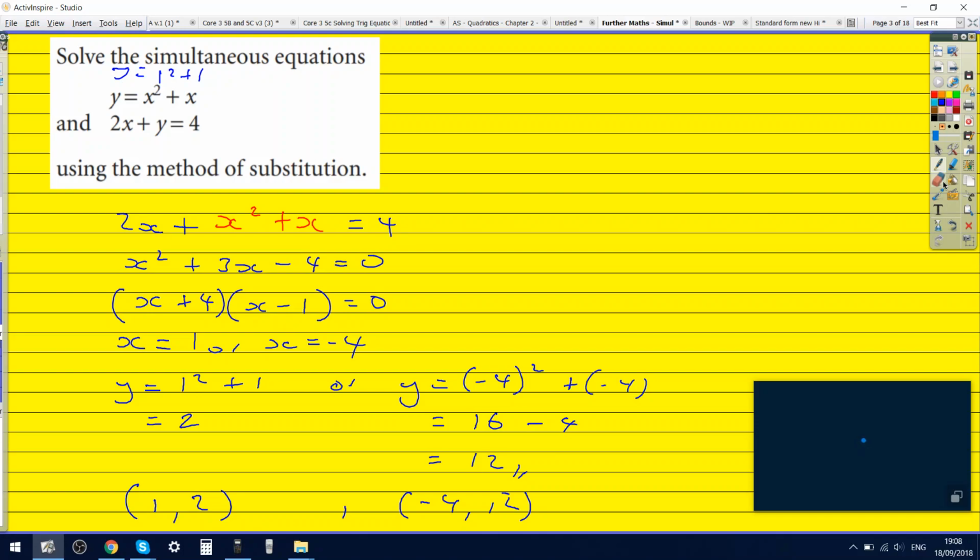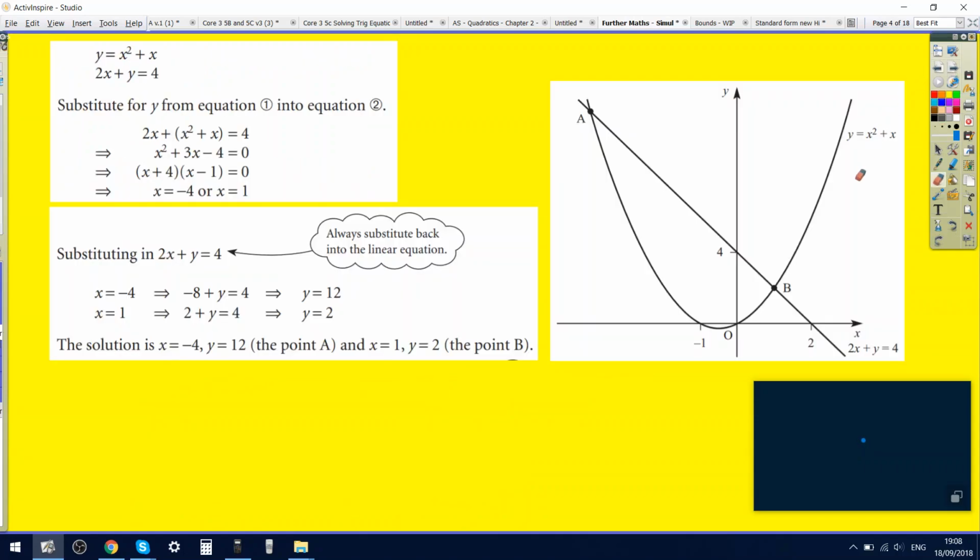Okay, and I just want to see if they have a graph. Yeah, the graph on the next page. And which coordinate is which? A is minus 4, 12. B is 1, 2. Yeah, and you can see that they definitely don't cross over at 1, 12. That's why you can't mix and match the two coordinates, like the x with the y.